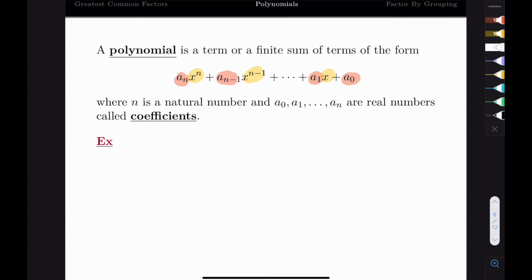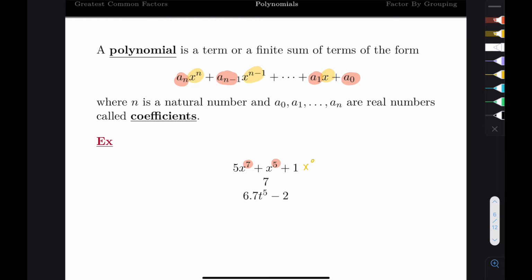So just to give you some quick examples, 5x to the 7th plus x to the 5th plus 1, that's a polynomial. So I have nice integer powers. This last term, you can think of it as x to the 0. So it still has a nice number as a power. Another example is just a constant function. That technically is a polynomial. So it has x to the 0 as its variable term.